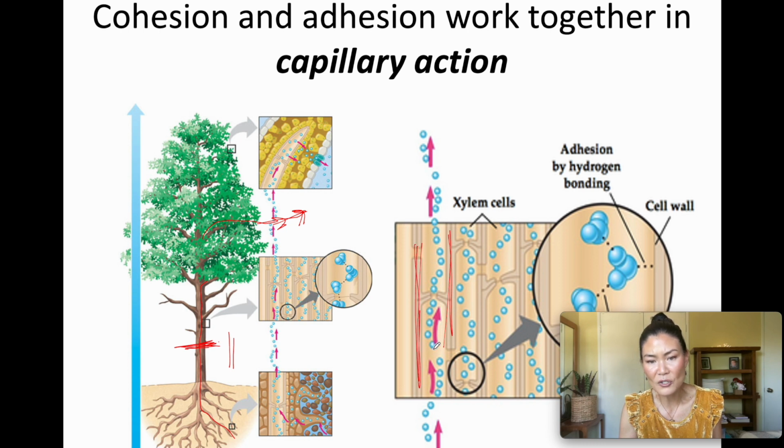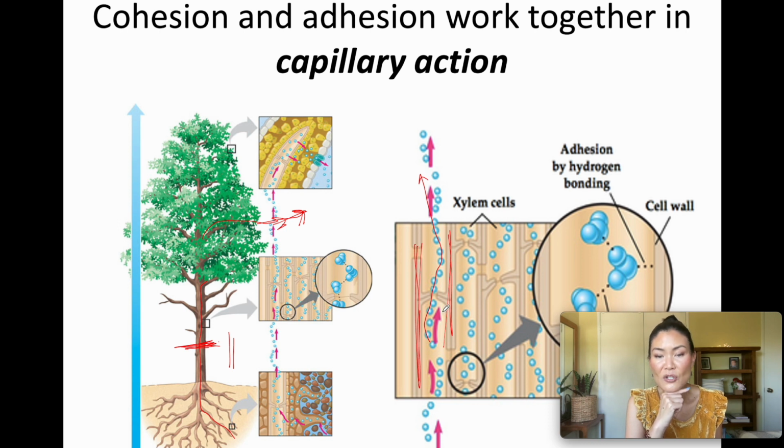And so by cohesion, water is attracted to water; as water moves up they pull each other up, like magnets pulling each other up. Whereas the xylem cells are made out of cellulose. Cellulose is a type of polysaccharide, a long chain sugar. And so polysaccharides and sugars are polar as well.